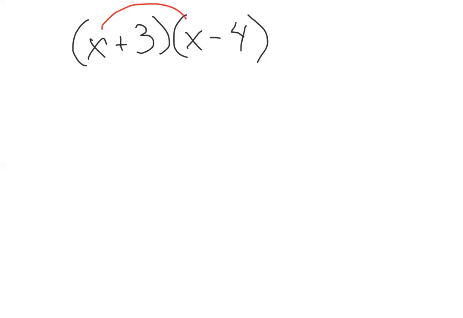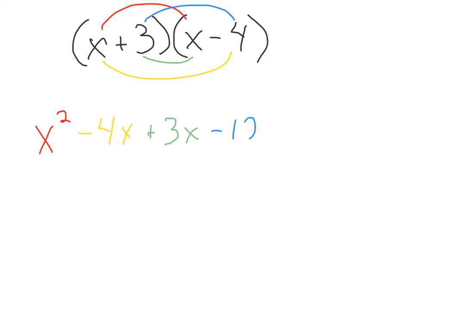So first, x times x gives me x squared. Outer, x times negative 4 gives me negative 4x. Inner, 3 times x gives a positive 3x. And last, 3 times negative 4 gives me negative 12.